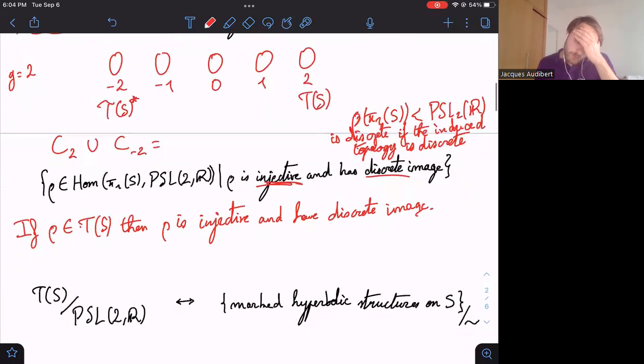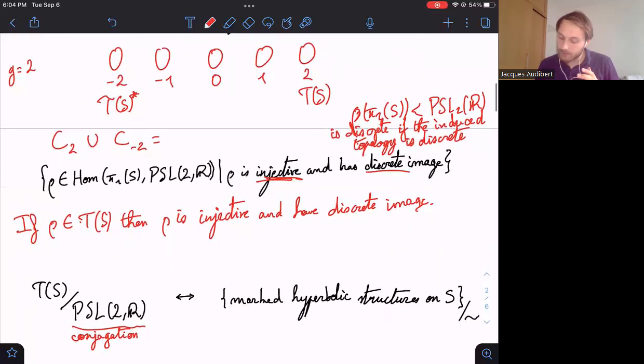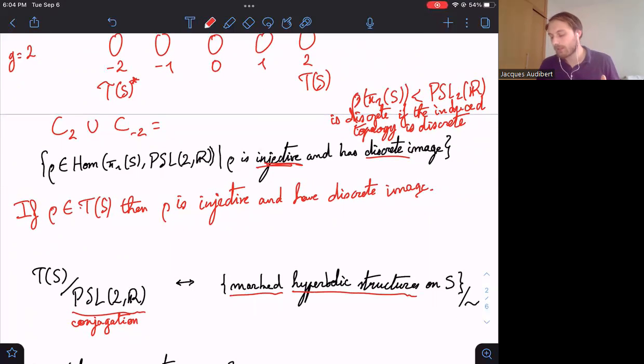Okay, so why do we care about this space? Basically because you can quotient it by PSL2R. This is just the conjugation action. If I have two representations, I can conjugate one, and if you quotient by this action, you get the space of hyperbolic structures on S, not exactly, but marked hyperbolic structures up to a nice equivalence.